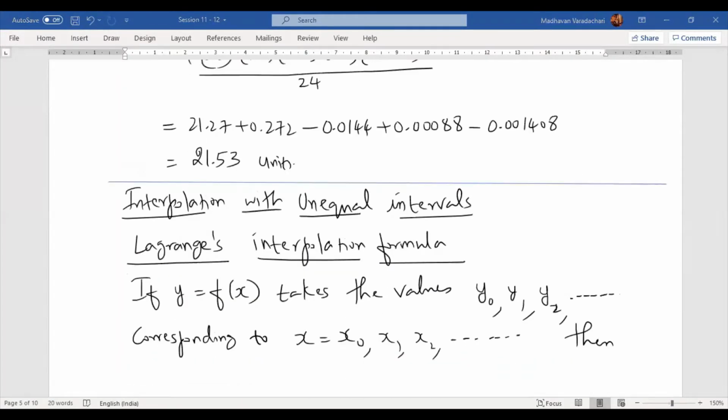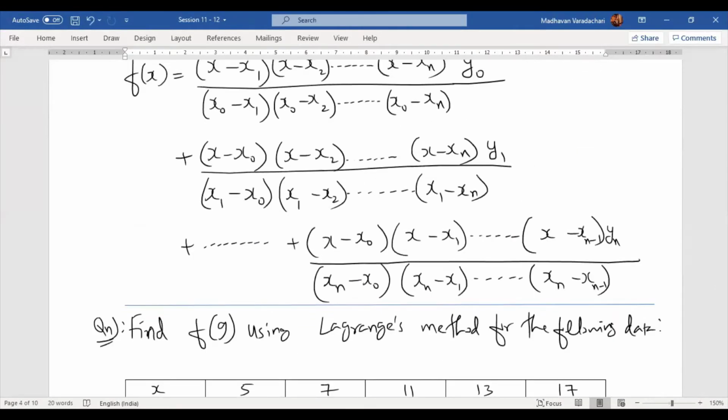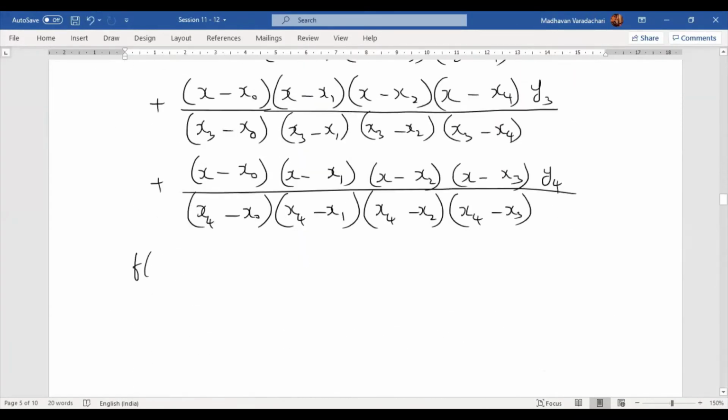F of 9 is equal to x minus x1, which means 9 minus 7, into 9 minus 11, into 9 minus 13, into 9 minus 17, times y naught.